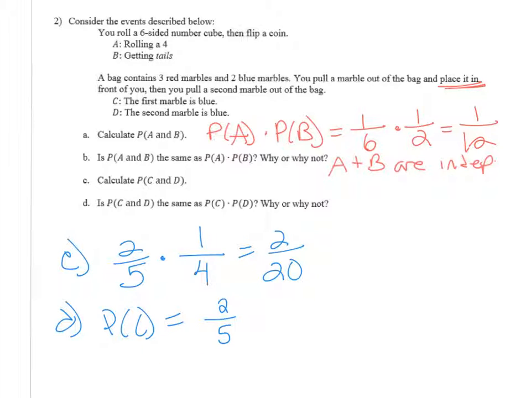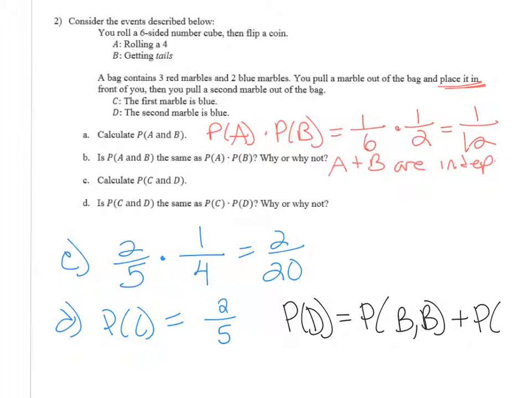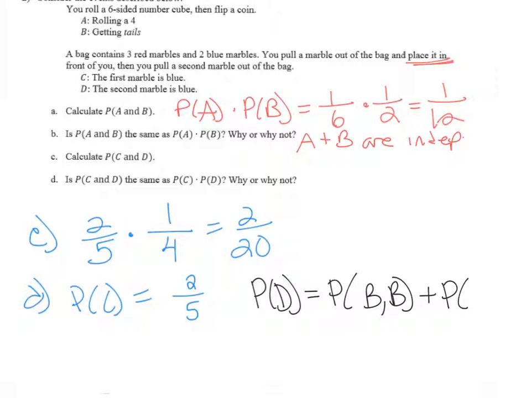And now the probability of D is getting a second blue marble. So you can do the probability of getting a blue and then a blue, or the probability of getting a red and then a blue.